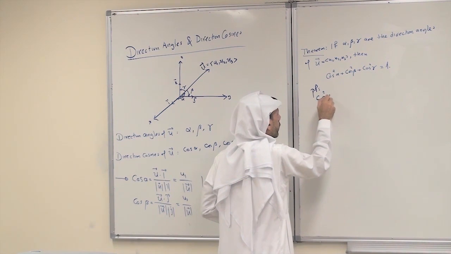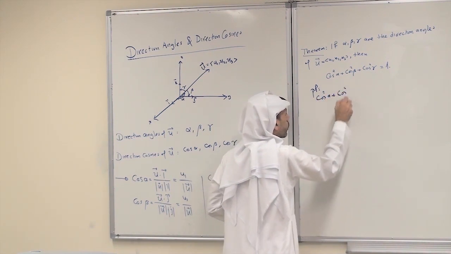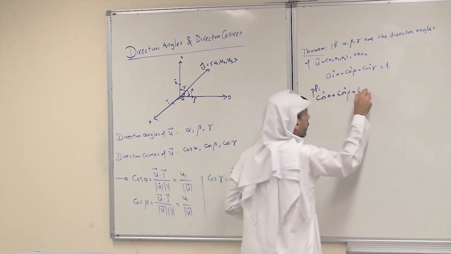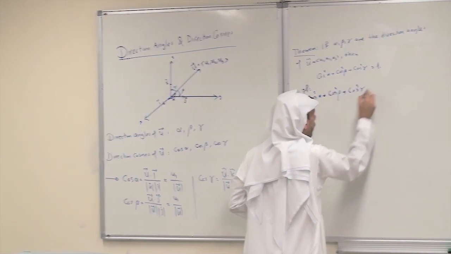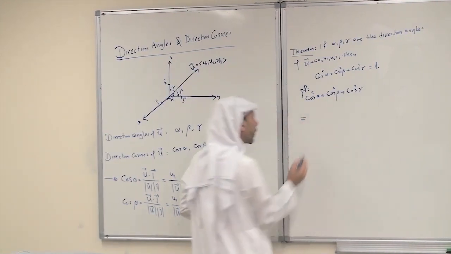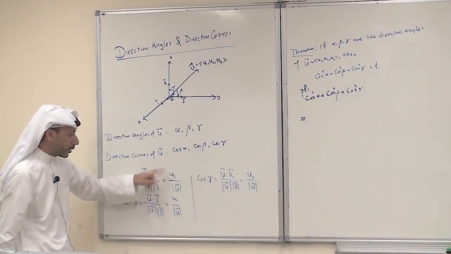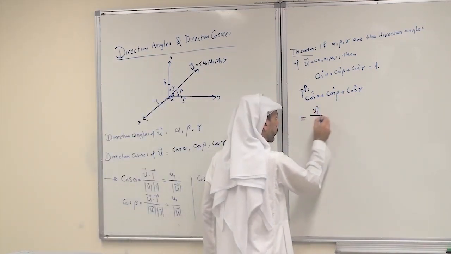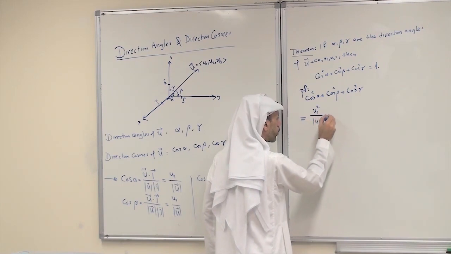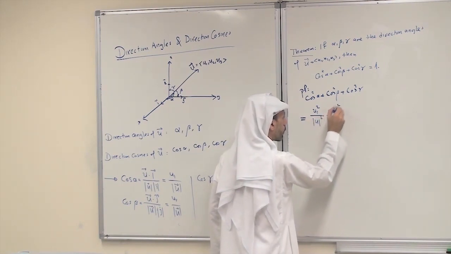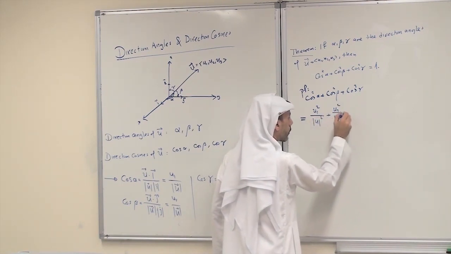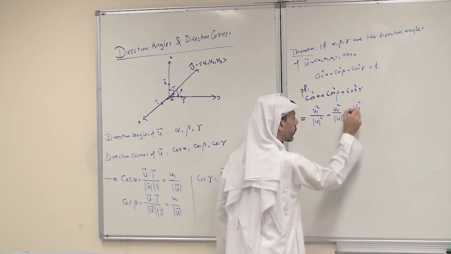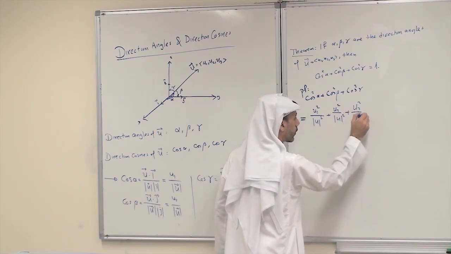Cosine squared alpha plus cosine squared beta plus cosine squared gamma equals, you just square each term. So this is u1 squared over the magnitude of u squared, plus u2 squared over the magnitude of u squared, plus u3 squared over the magnitude of u squared.